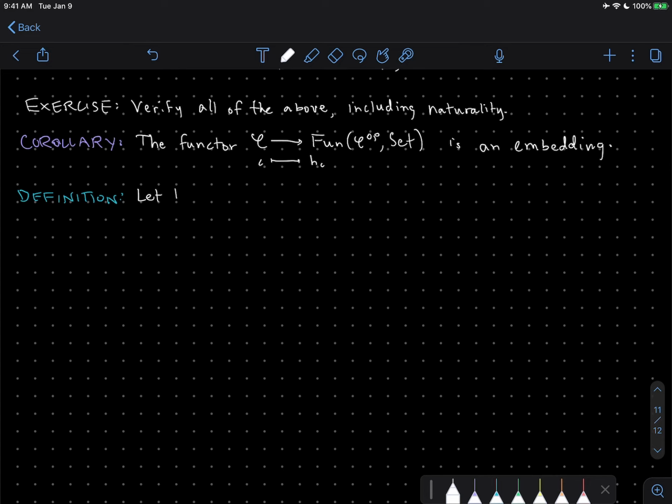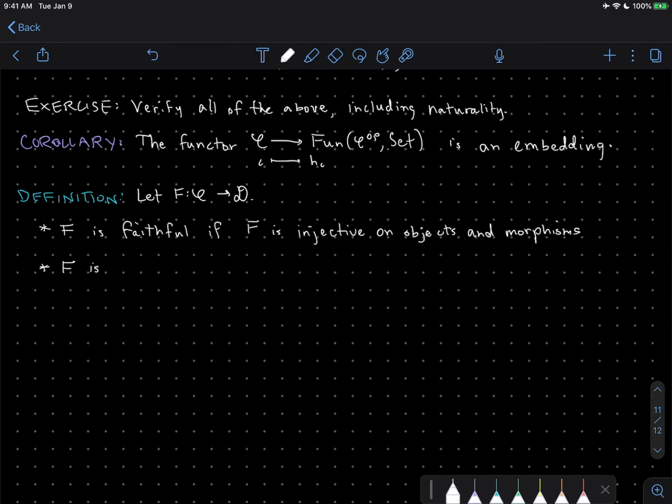Let F be a functor from C to D. We say F is faithful if it is injective on morphisms, and F is full if in fact F is surjective on morphisms.